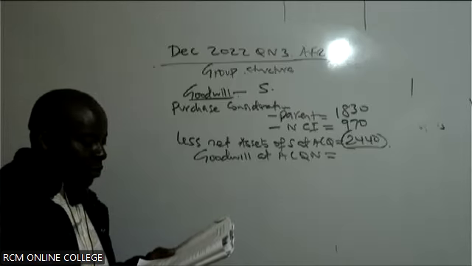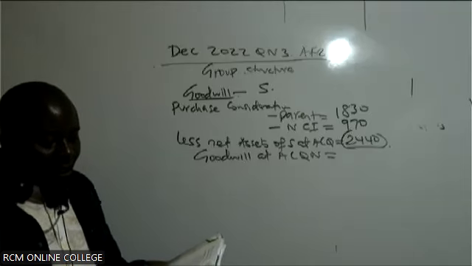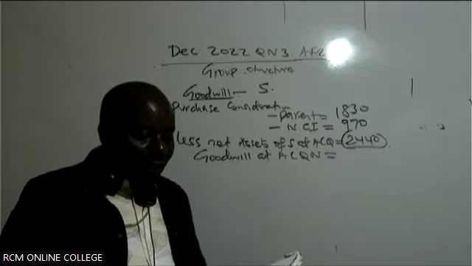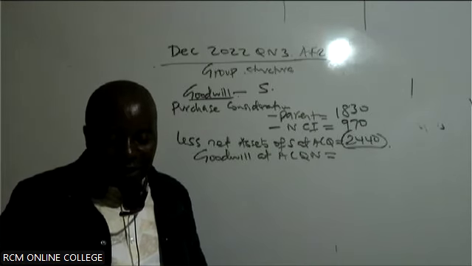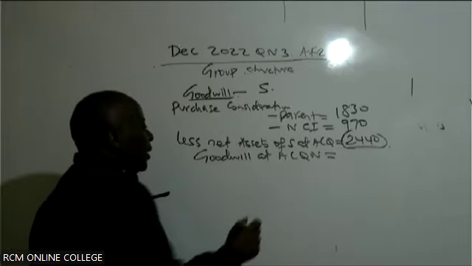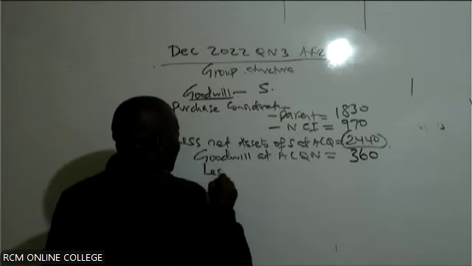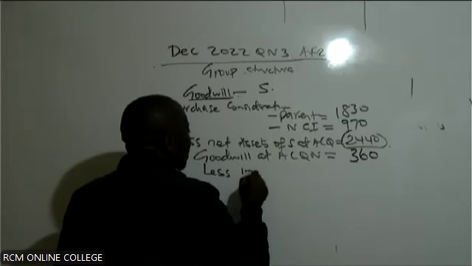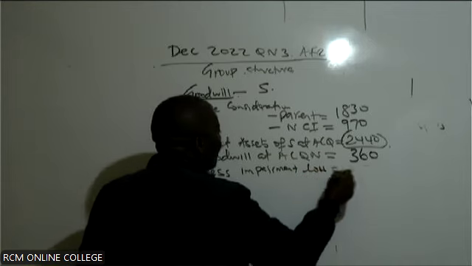Note number 3. H Limited has a policy of measuring NCI at fair value. The non-controlling interest in S Limited had a fair value of 970. I hope you're together there. So in this case, goodwill at acquisition, 360. We less impairment loss, of which none is given.